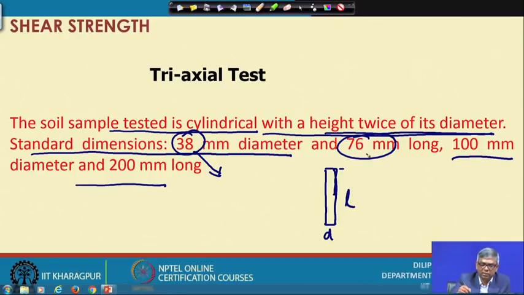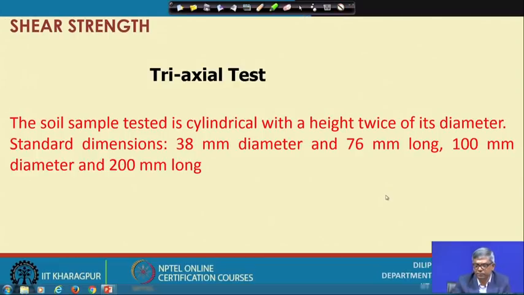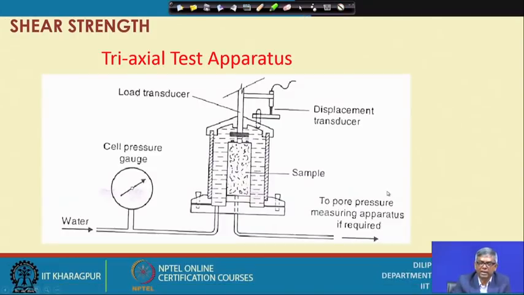So, this is regarding the sample. Next, the triaxial test apparatus, how it looks like. As I have mentioned, this is the sample.